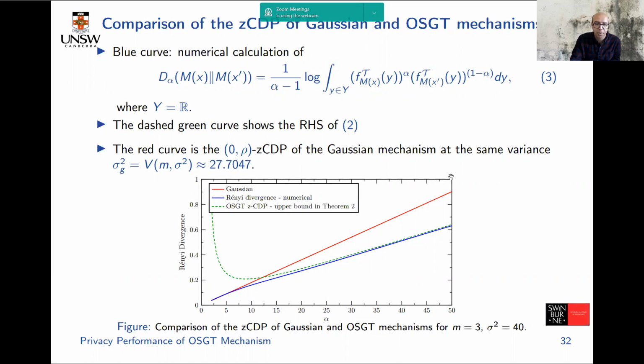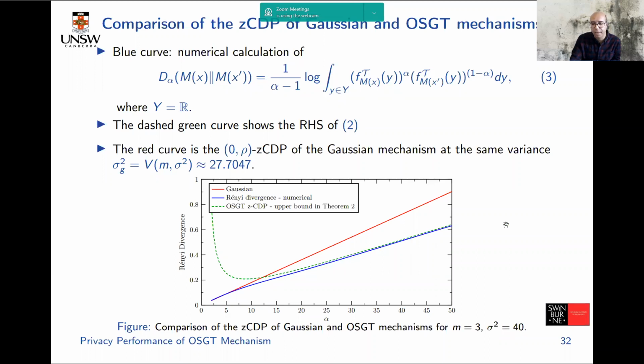For Gaussian, the red curve represents the rho-zCDP of the Gaussian mechanism at the same variance as OSGT. And this blue curve here is the numerical calculation of the Renyi divergence, and this dashed green line is the upper bound of this Renyi divergence.